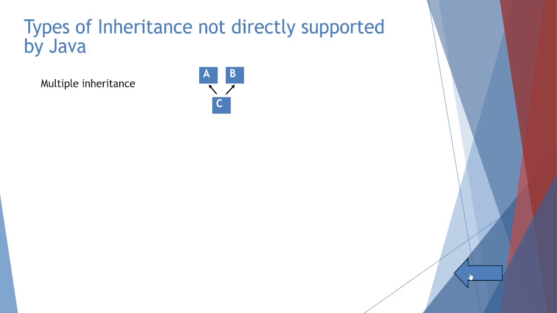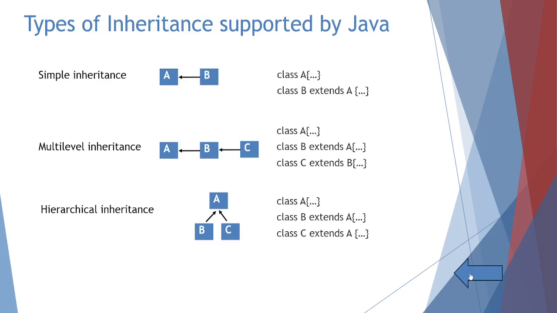Whereas there are two more types of inheritance. First one is multiple inheritance, where two superclasses and one subclass. It is not supported by Java directly. If you see the previous slide one more time, hierarchical inheritance, one superclass, two subclasses, it is okay.